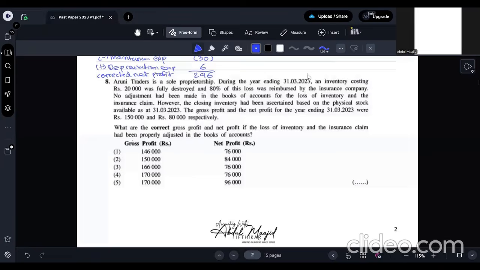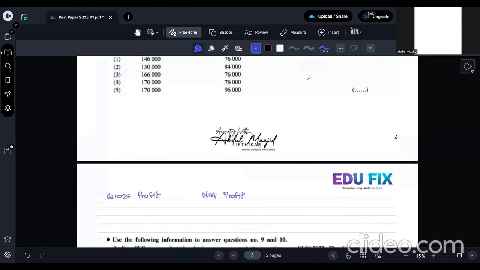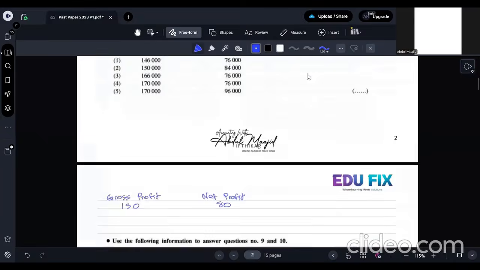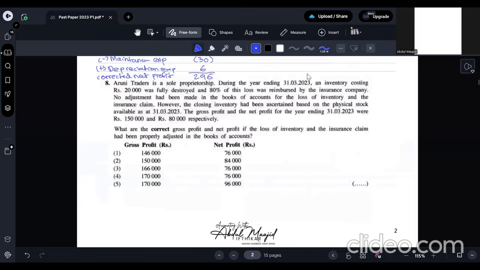So the gross profit they have calculated is 150. The net profit they have calculated is 80,000. So now what has happened? 20,000 worth of inventory is destroyed. Okay. And also stocks are counted based on the physical count.